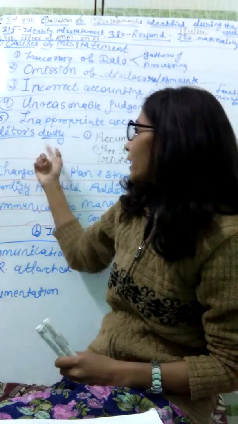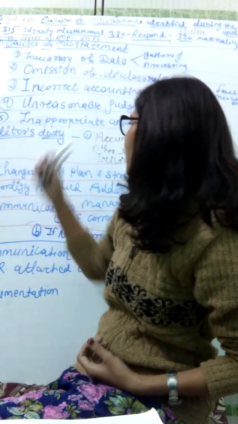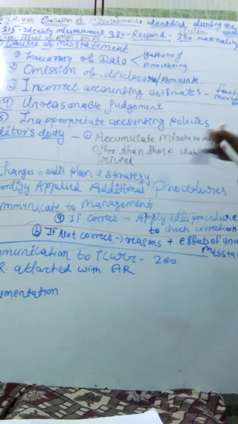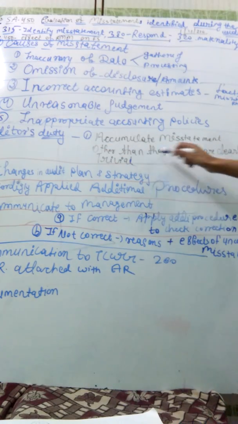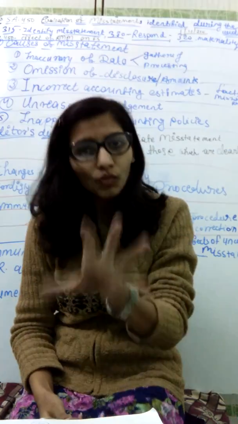Okay, then as an auditor, what's our duty? Firstly, we accumulate the misstatements other than those which are clearly trivial. Trivial is small.